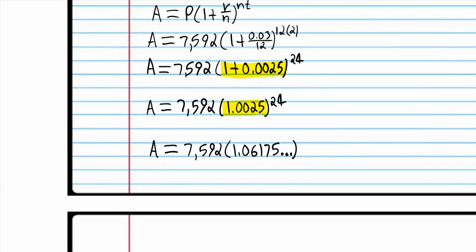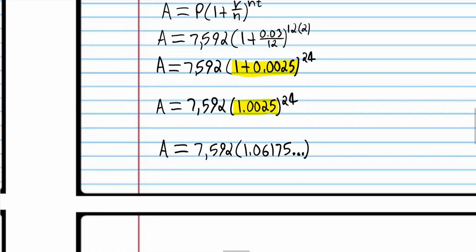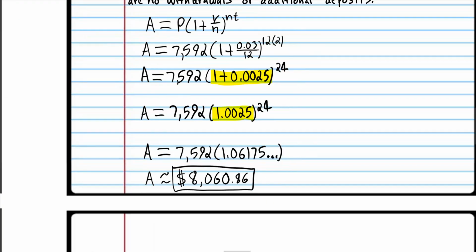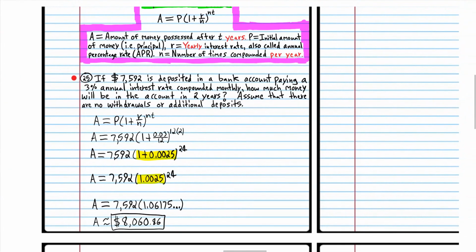So the final answer is going to be that number times 7,592. And so how much money do we have in the account? We have roughly $8,060.86. And we need to write a dollar symbol, obviously. So there you go. That's how we use that formula.